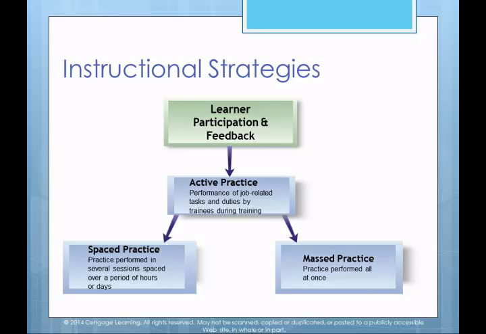The second is mass practice, which occurs when a person performs all the practice at once. Spaced practice works better for some types of skills and for physical learning that requires muscle memory, whereas mass practice is usually more effective for other kinds of learning, such as memorizing tasks.